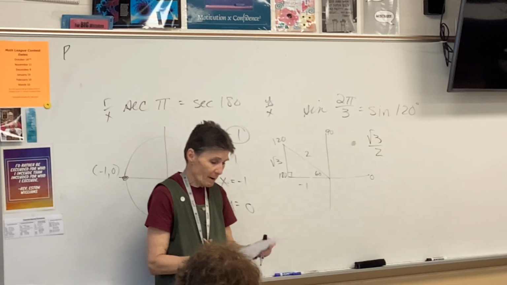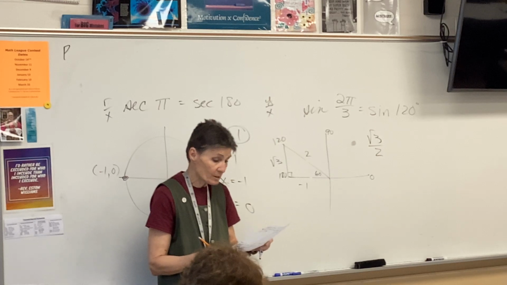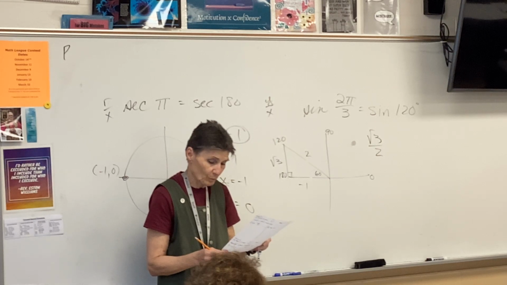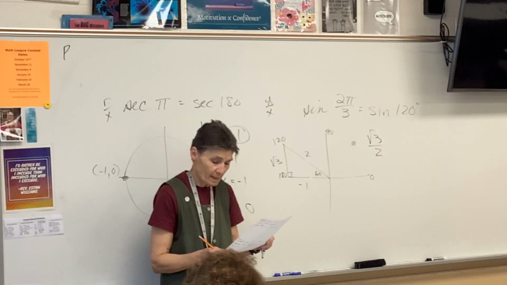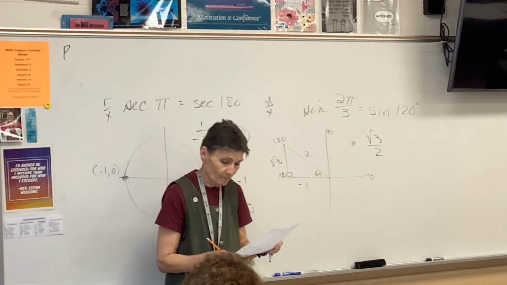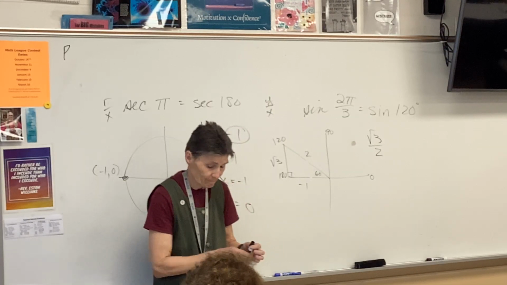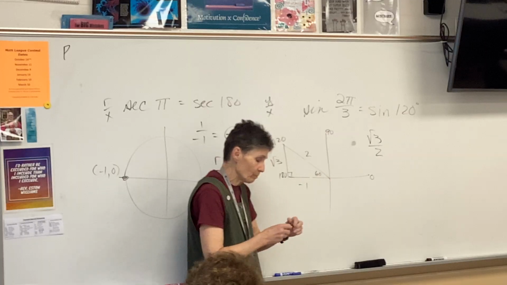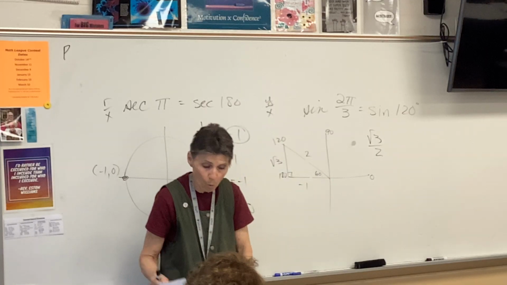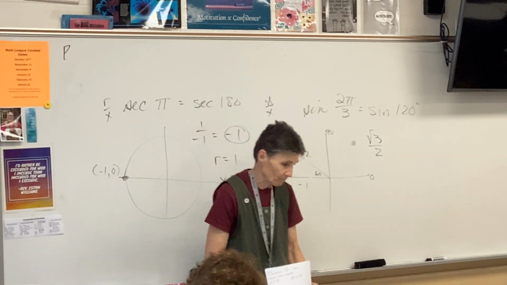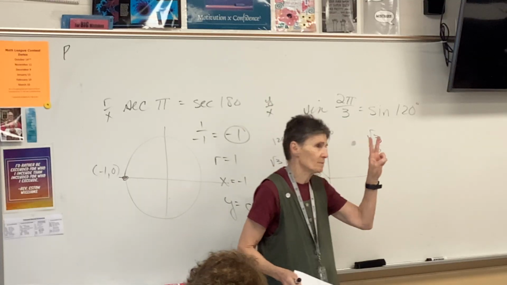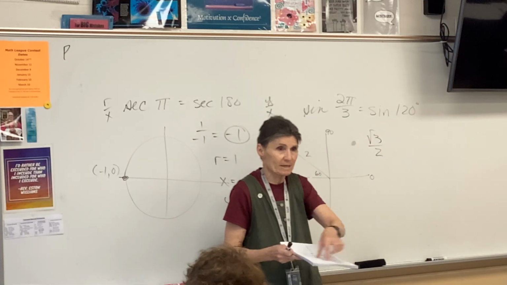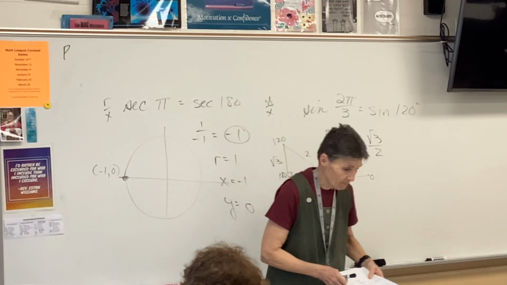For the bottom quiz, the answers are negative root 3 over 2 and 0. So you can do those on your own. The quiz tomorrow is 2 problems, one of these quizzes that we just did.